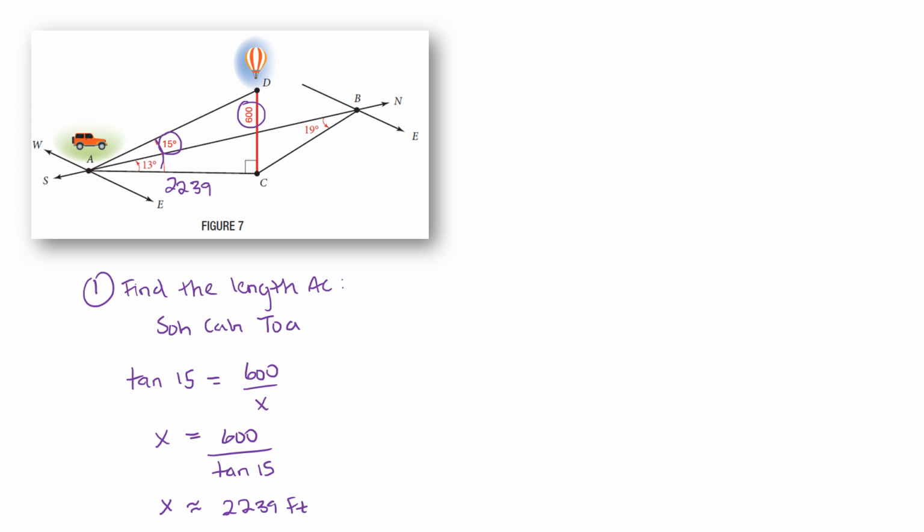Now that we have that, we can look at our next triangle. I'm going to highlight it here first. That would be this triangle. In this triangle, we now want to find the angle measurement of C, this whole angle. We can find the angle of C by using the triangle sum theorem.